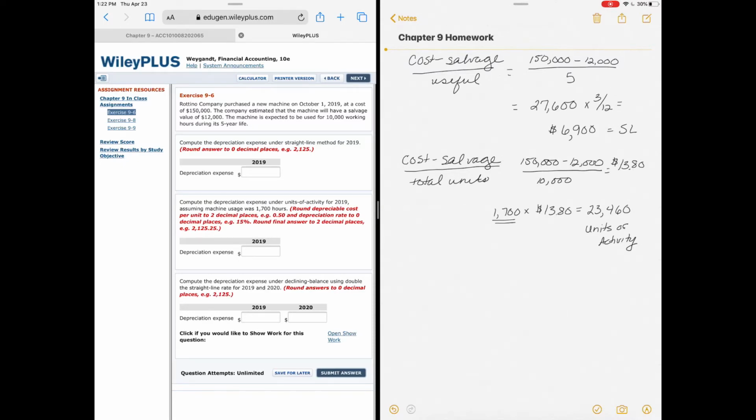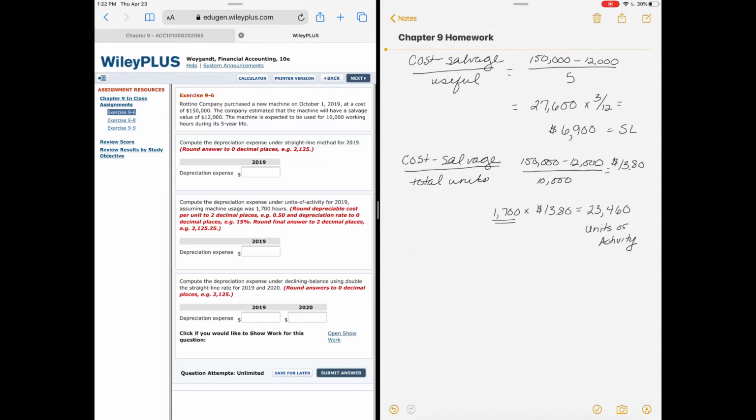Now let's look at the last one, the declining balance method. Under the declining balance method, we're going to first find what that book value is, because they want the depreciation for both 2019 and 2020.